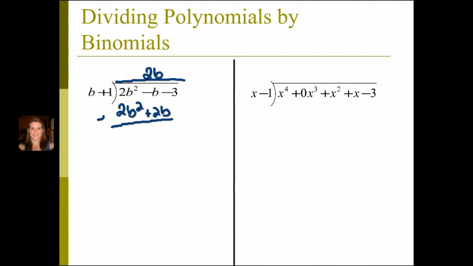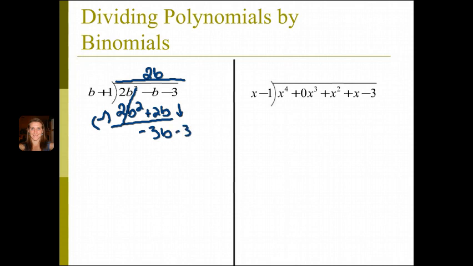We're going to subtract these. Our 2b squareds cancel out. Negative 1b minus 2b gives us negative 3b. Bring down the minus 3.